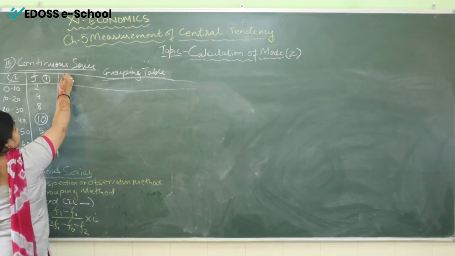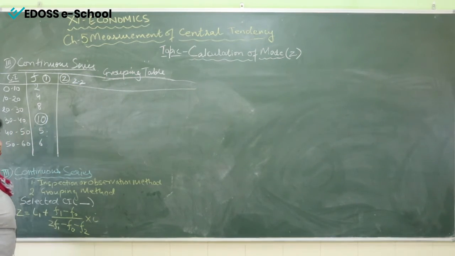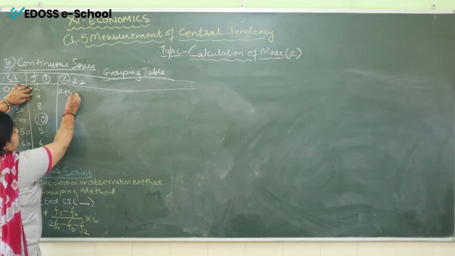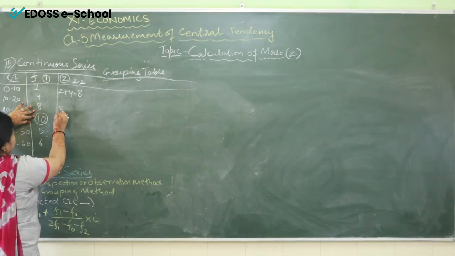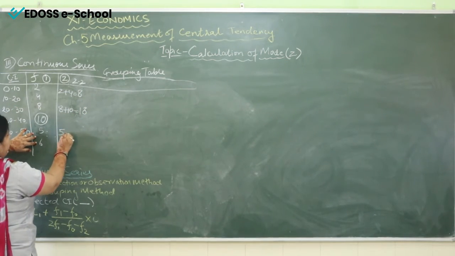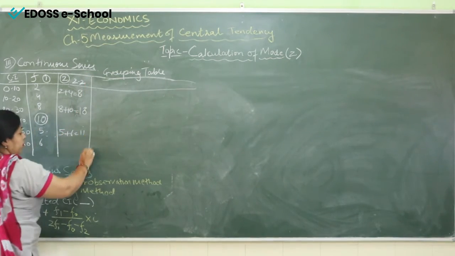Second step, we make the second column, in which we group two numbers. So 2 plus 4 is equal to 6, 8 plus 10 is equal to 18, and 5 plus 6 is equal to 11. This is the second column.